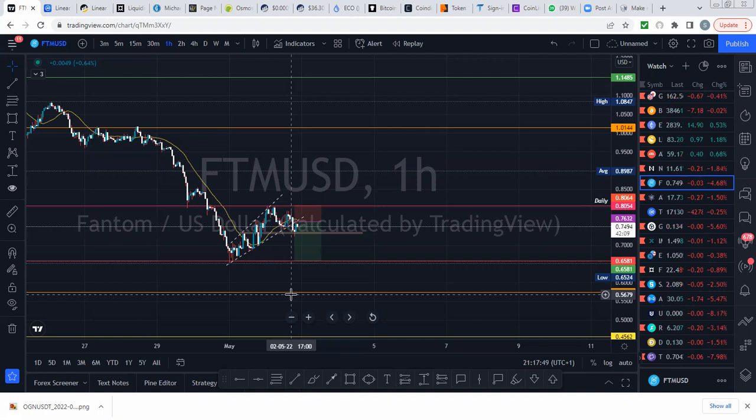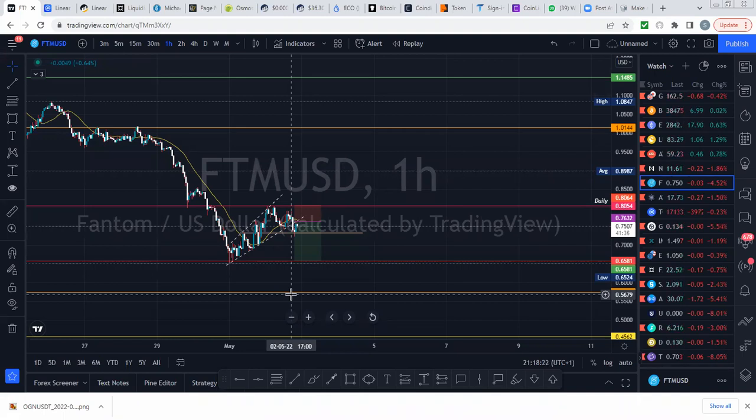I told you guys, if you want to make your entry, where do you make your entry? If you are in an uptrend position now, where will you make your entry? You will make your entries at the higher lows. Then you take profit at the higher highs.